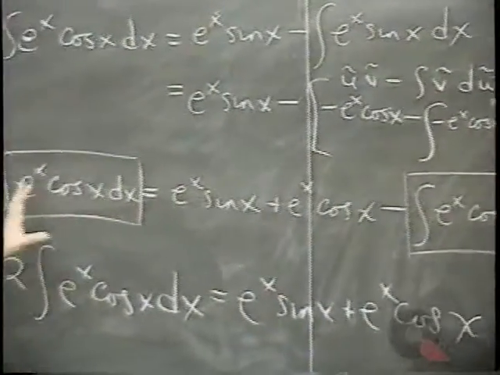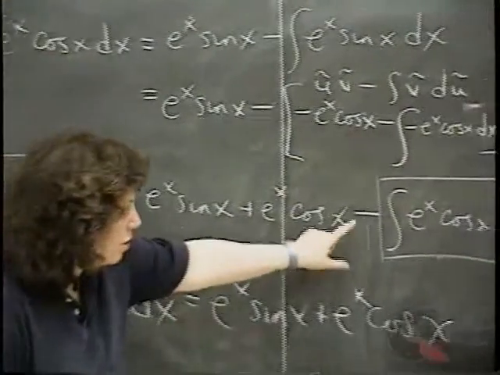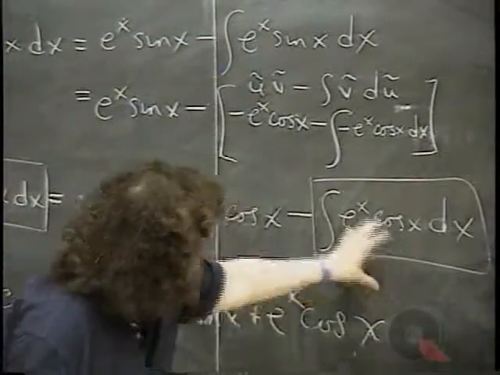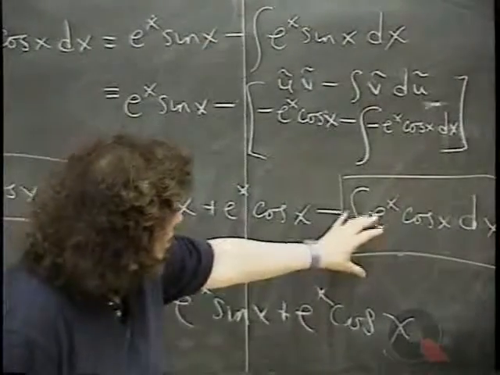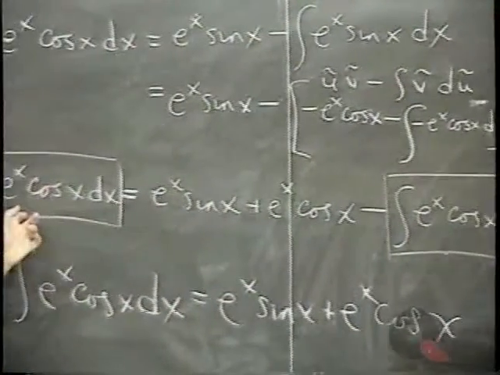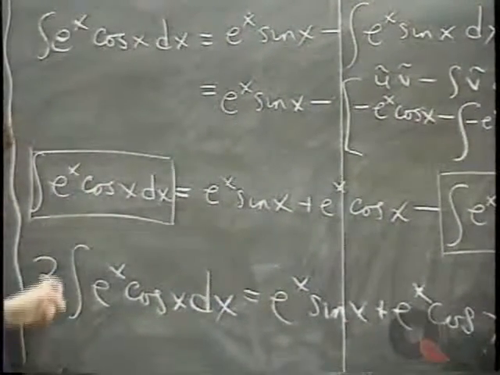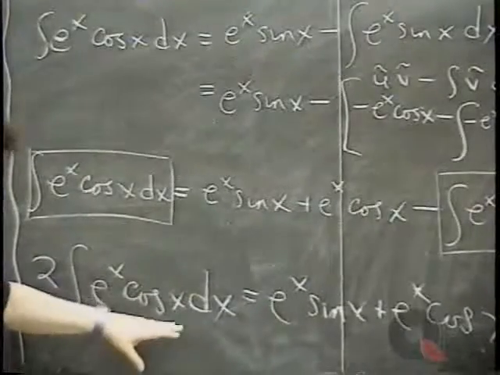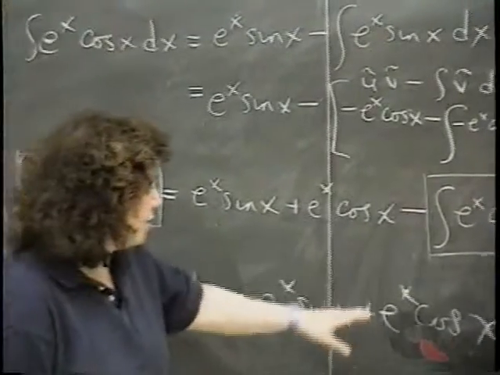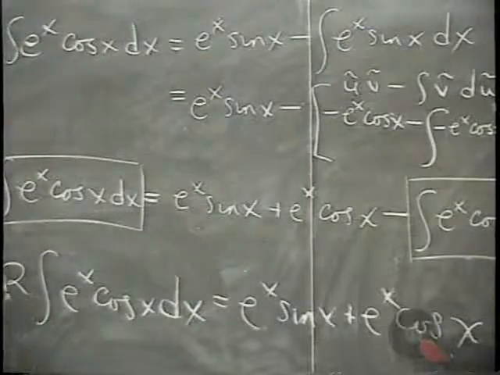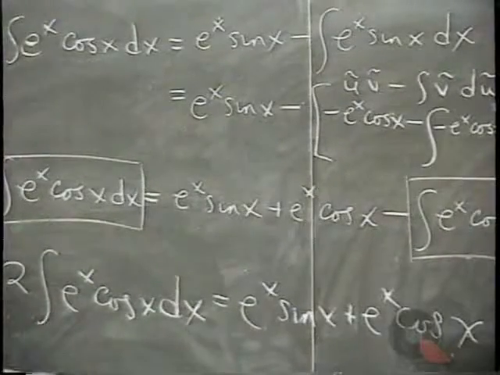So I had this integral, and it appeared over here also with a minus sign. I add this integral to both sides. It drops out here. I have this integral and this integral again, so I got two of these integrals. Okay, 2 times the integral that I'm trying to find equals e to the x sine x plus e to the x cos x. So what I'm going to do is divide both sides by 2.